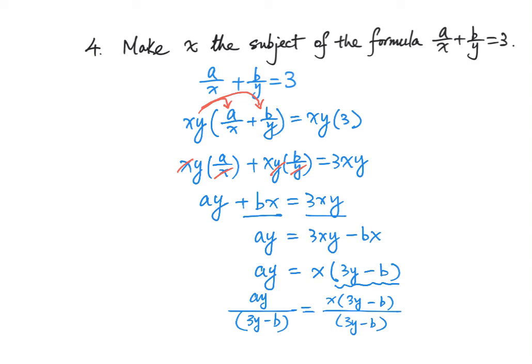So the whole bracket can be cancelled on the right hand side. So we have x on the right hand side and ay over 3y minus b on the left. Therefore, the subject x equals ay over 3y minus b. That's it. Thank you.